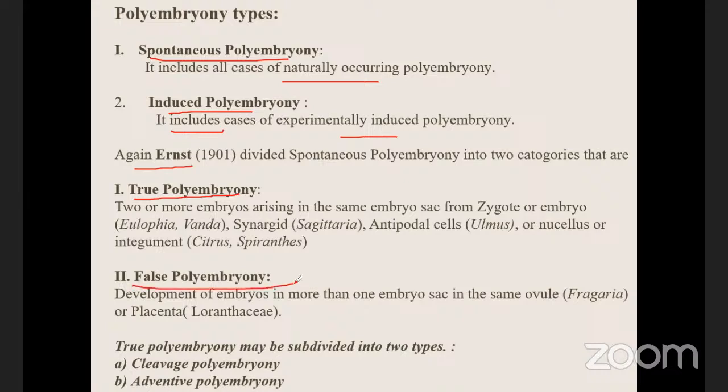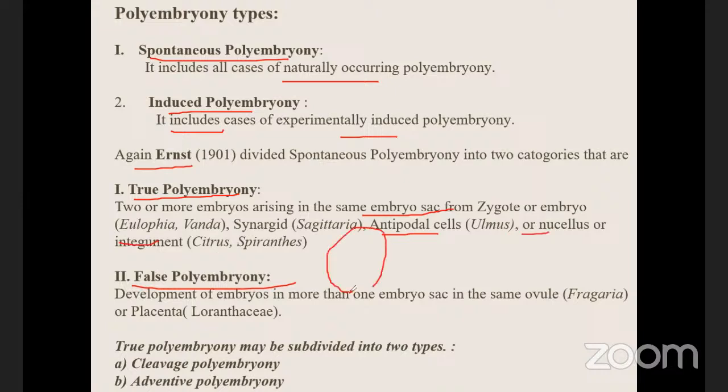True polyembryony means two or more embryos arising from the same embryo sac, either from the egg cell, or from the synergids, or from the antipodal cells, or from the nucellus, or from the integument. These are all there in the embryo sac.